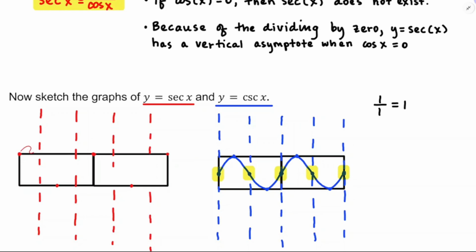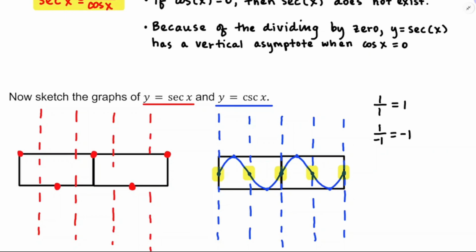So these are also points on the graph of y equals secant x. And let's color them in a little stronger. Because 1 over negative 1 is equal to negative 1, I'm going to see the same thing down at the bottom. So these are points that are on the graph of secant x.